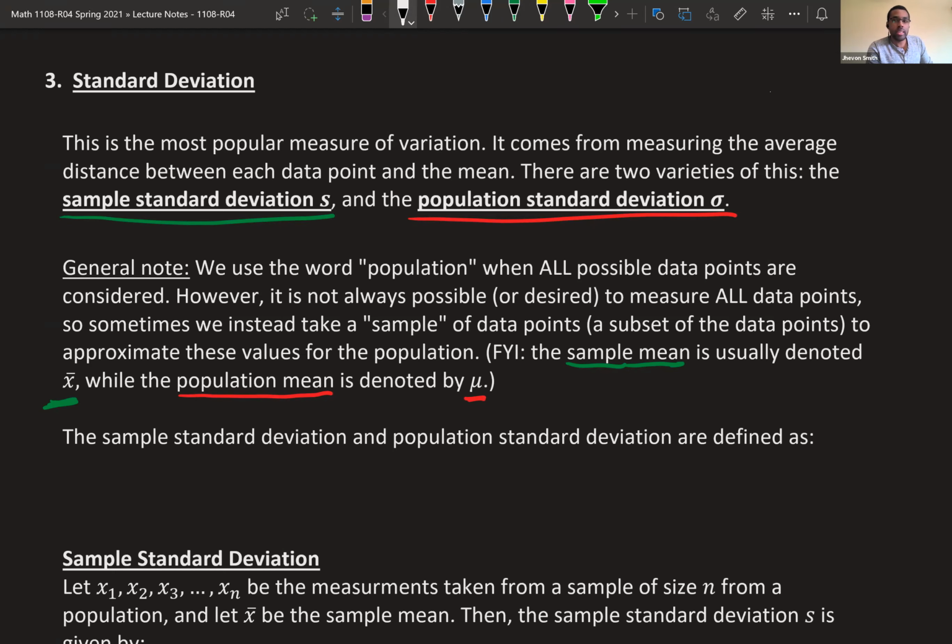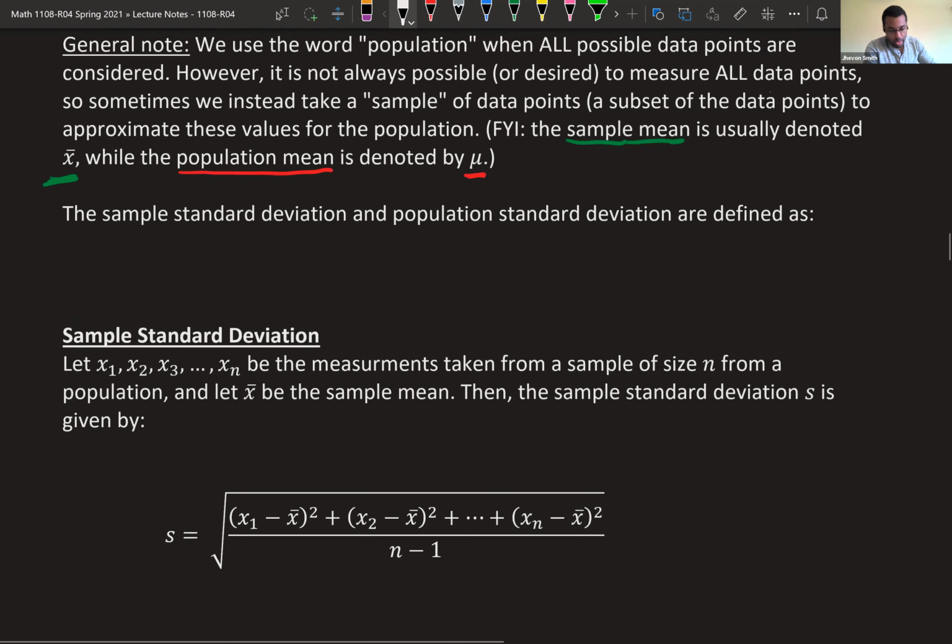How far away from the mean is the average data point? This doesn't exactly measure that. It's kind of an approximation, but I don't want to go through the derivation of this formula because you don't have to know. But you can just know that it's measured by this formula. Okay, so if you have, and this might remind you of a distance formula, right?